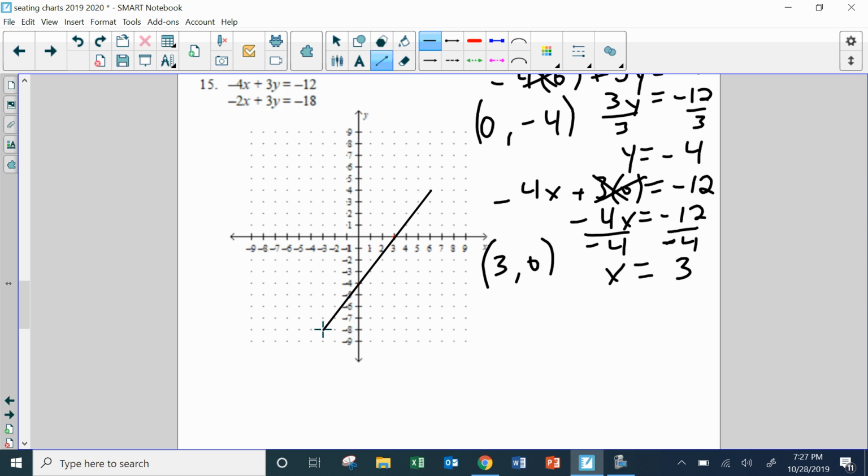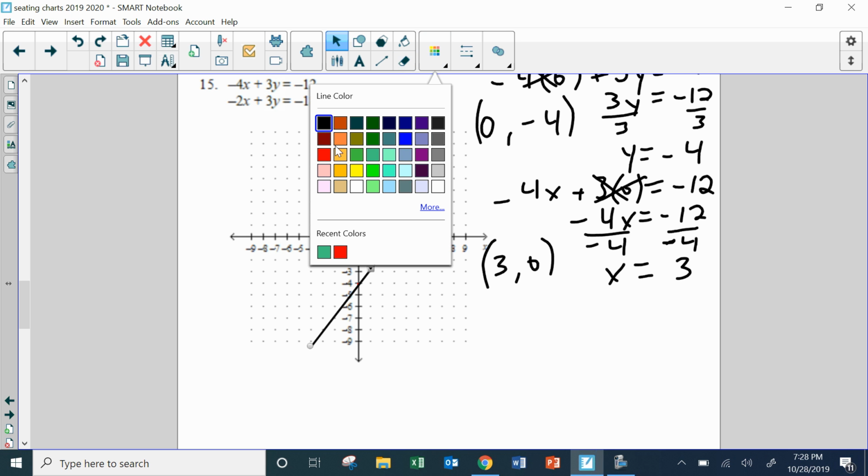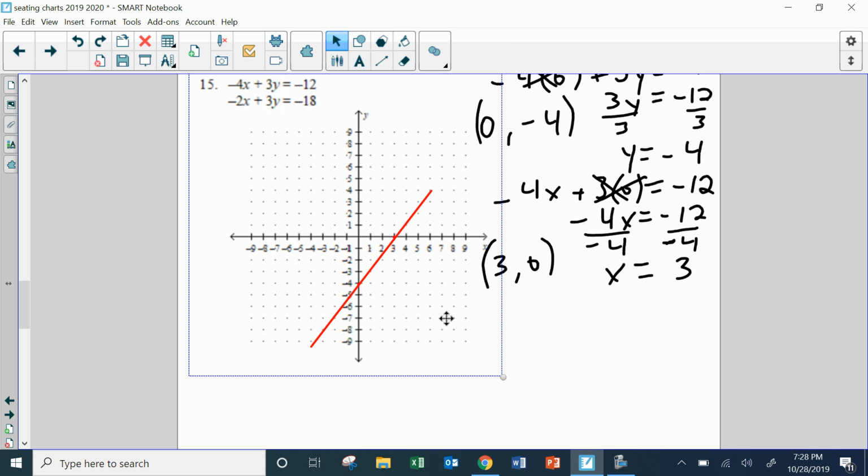So that should be pretty good through those 2 points. I'm not real loud about what this graph comes out, but you'll see what I mean in a second. So I'm going to make that line red. Christmas colors. So there's one of my lines.